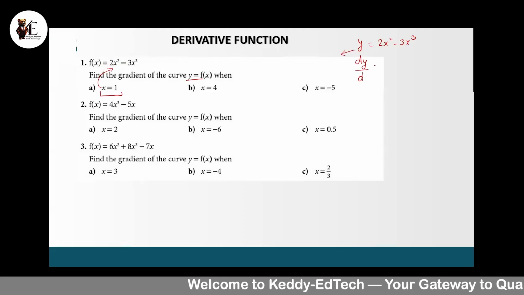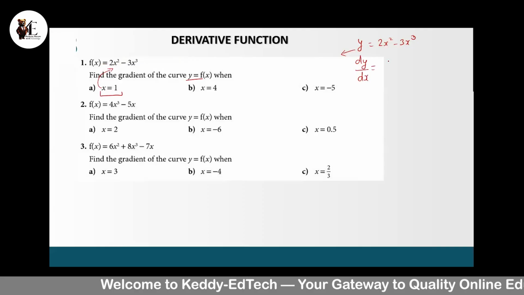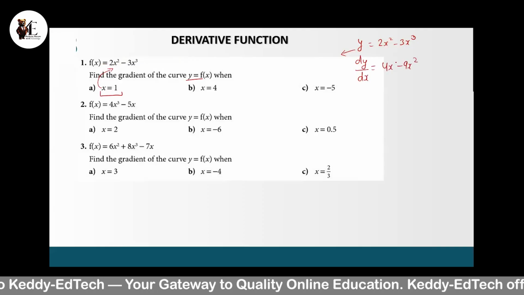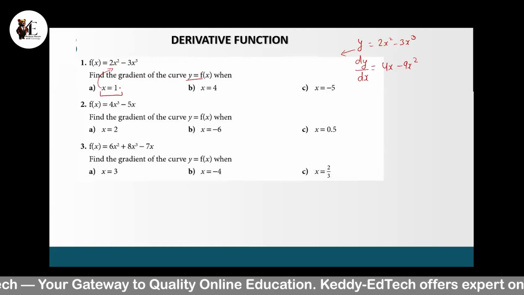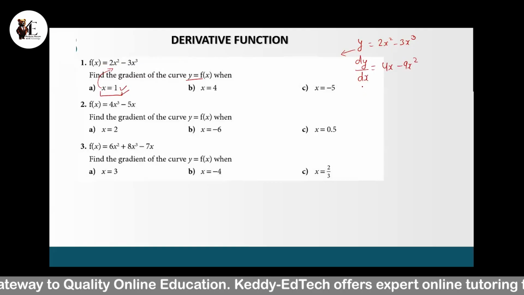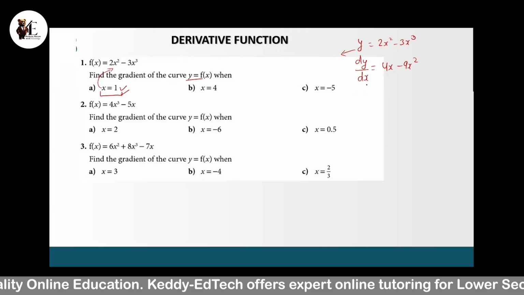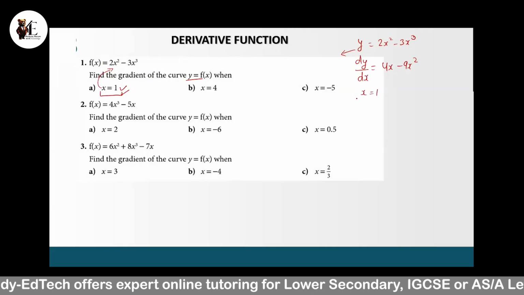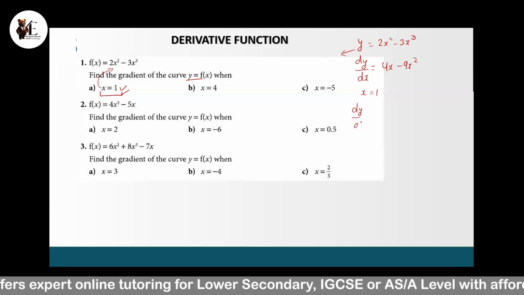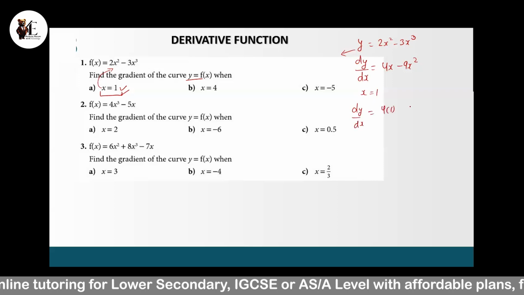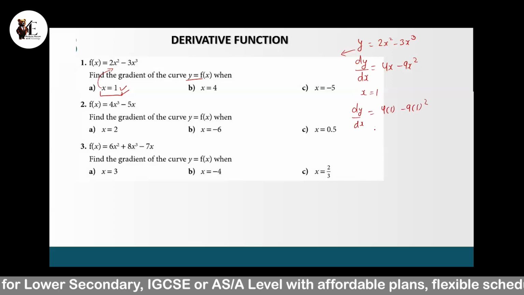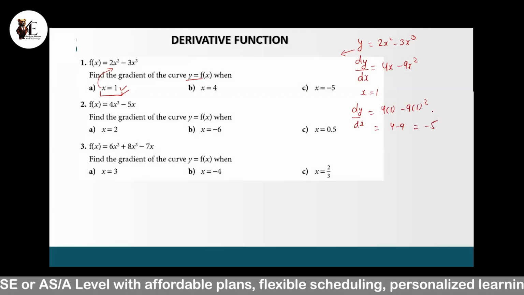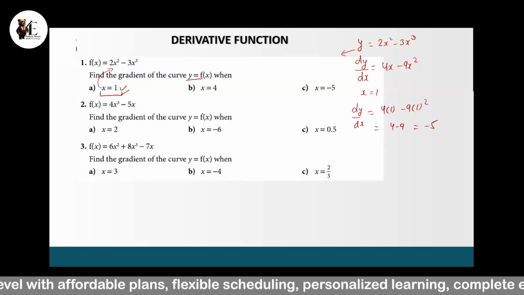When you differentiate this equation, you get the gradient equation, which is 4x minus 9x squared. To find the exact value of the gradient when x is equal to 1, after differentiating you substitute the value of the variable, that is 1. So dy over dx will become 4 into 1 minus 9 into 1 squared, that is 4 minus 9. So the gradient will be negative 5. That's how we calculate the gradient.